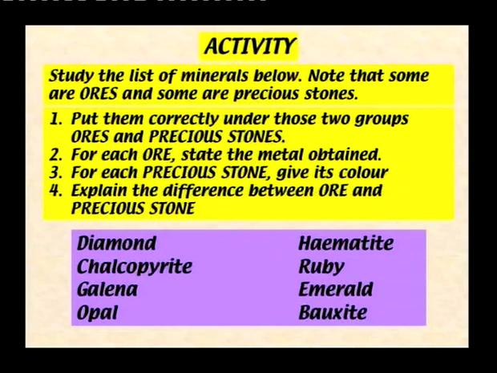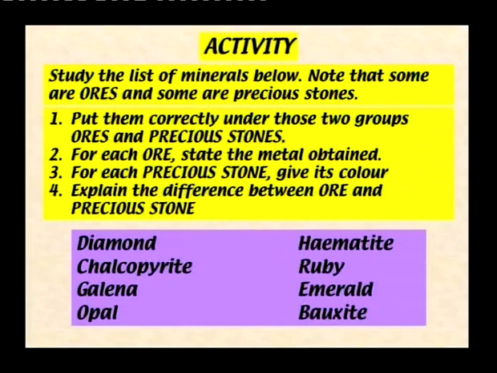Then the next thing that you are going to actually do after you have put those minerals into those 2 groups, what I would like you to do next is actually, for each of the ore, those minerals that you have identified that they are ores, for each of those, state the metal in which they are actually obtained from.